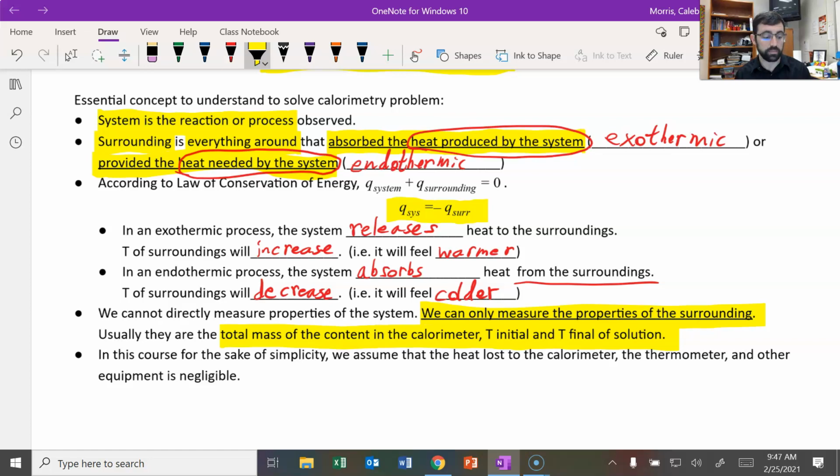In this course, you can assume that the heat lost to the calorimeter, the thermometer, and other equipment is negligible. Don't worry too much about that. The general concept is we're going to assume that it's a direct transfer. The heat of the system is equal to the heat of the calorimeter, just the negative of it.